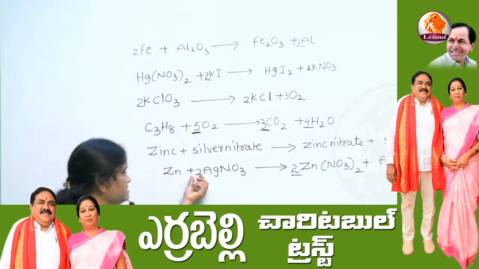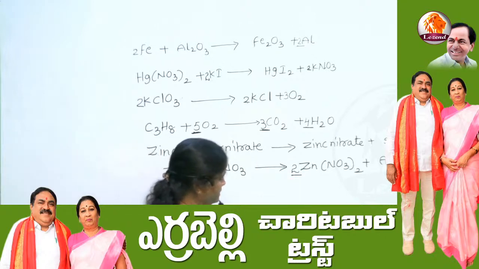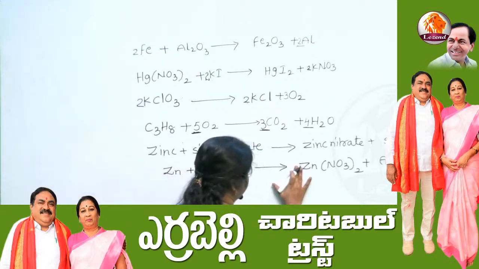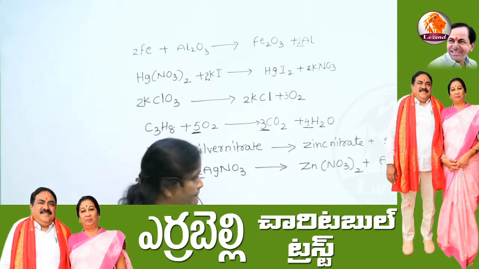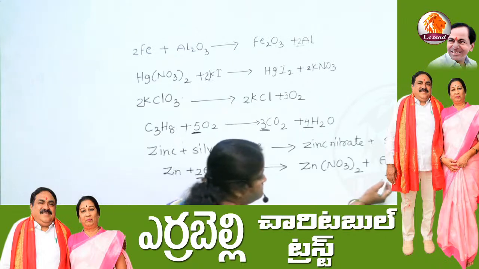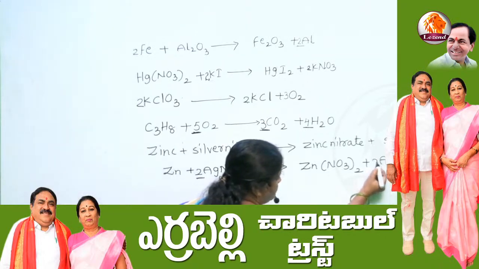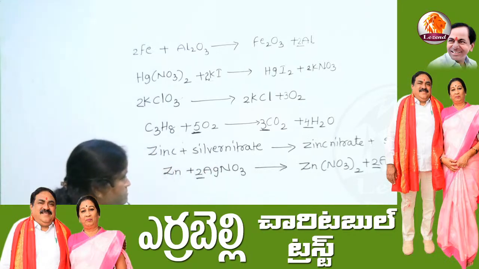So now the silver atoms become 2 on the left, but if we compare the right side, only one atom of silver we have. If I write number 2 here, the silver atoms also become balanced.